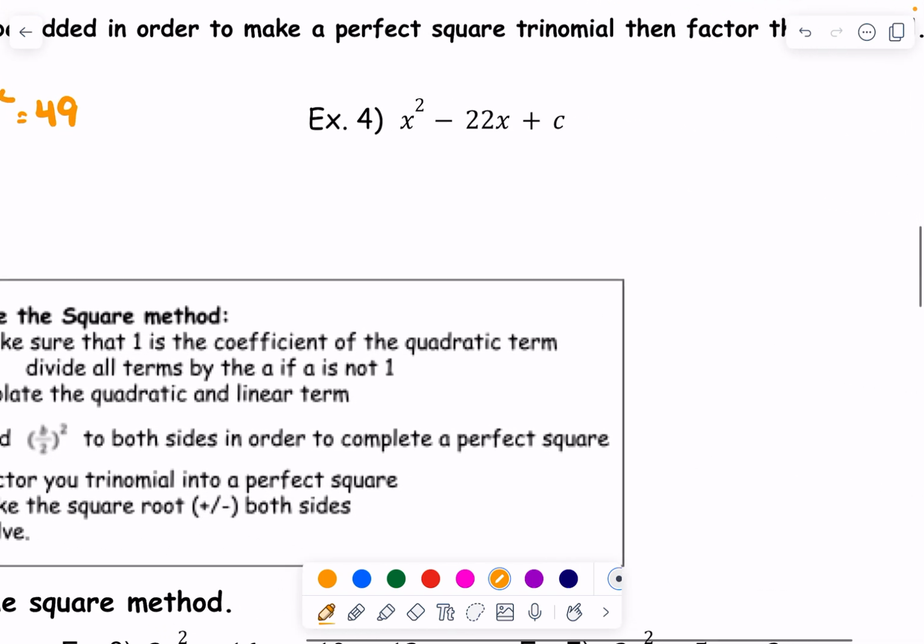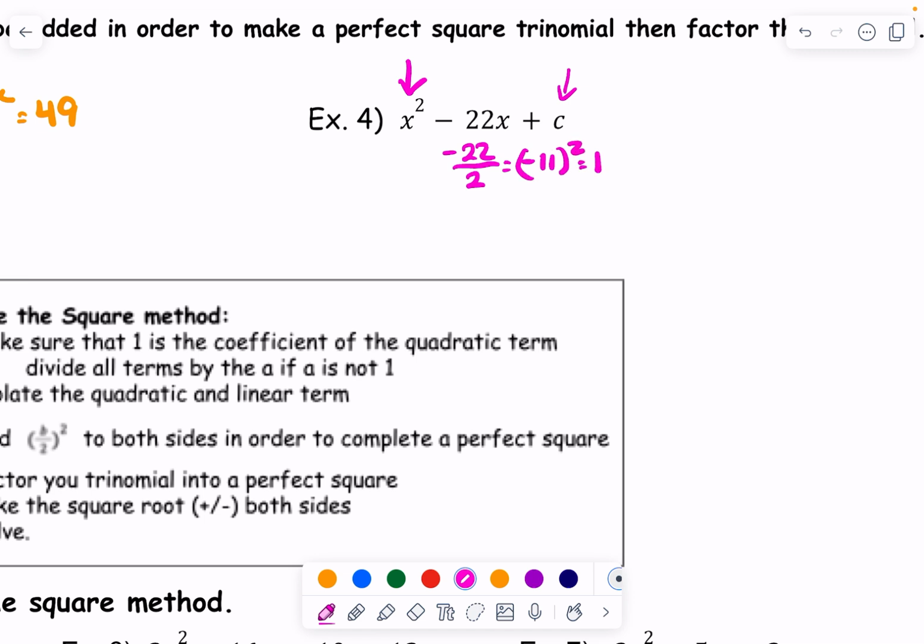Okay, so let's think again, how did we do this? Well, first of all, to complete the square, we have to have a leading coefficient of 1, because that makes it so we're only focusing on what would happen in the end. So we would take the negative 22, half of the product, and we get negative 11, and then we square it.